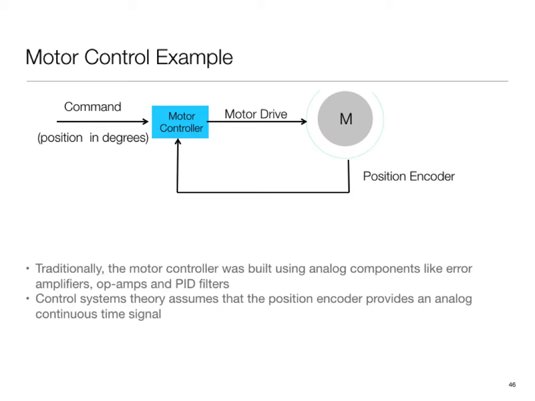Okay, so back to this. Consider a very simple control system that is measuring, through some sort of sensor, a position encoder, the position of a motor, and then there's a command which wants the motor to be in a certain position, and the controller keeps it there.